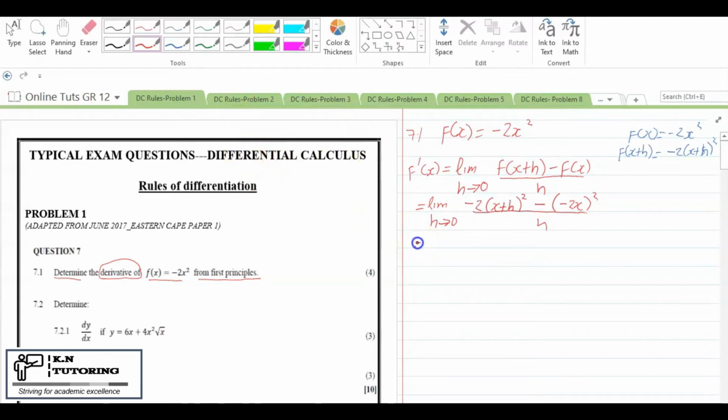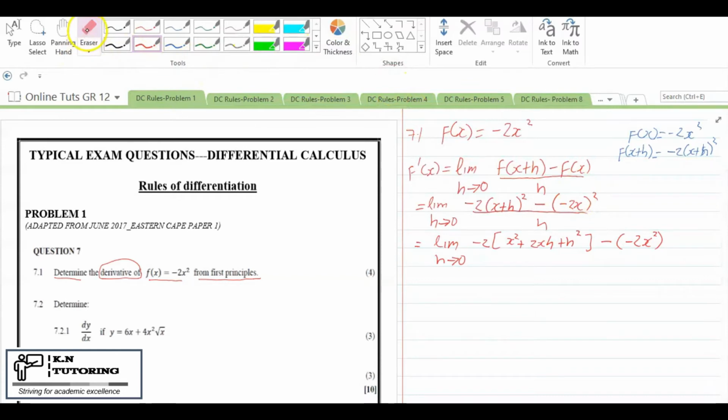So now we're just going to simplify. Limit as h approaches 0, this is going to be minus 2 open bracket, x squared plus 2xh plus h squared, close bracket, minus minus 2x squared. There's a mistake here.